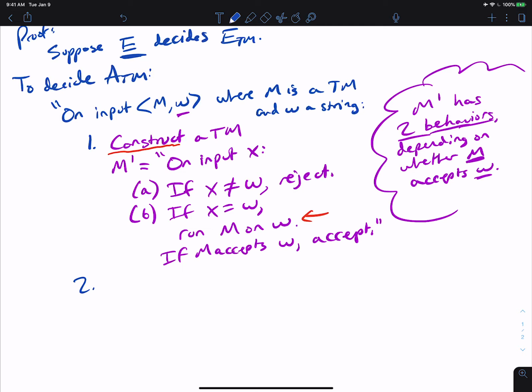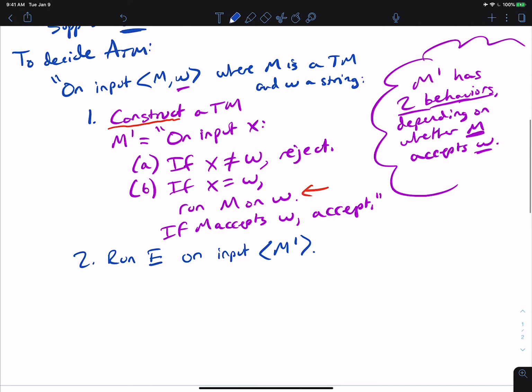So we're going to run E, that supposed decider for ETM, on input, now we're going to feed it M prime. So what are the two behaviors? Well, if E accepts, which means that the language of the machine we just made is empty.